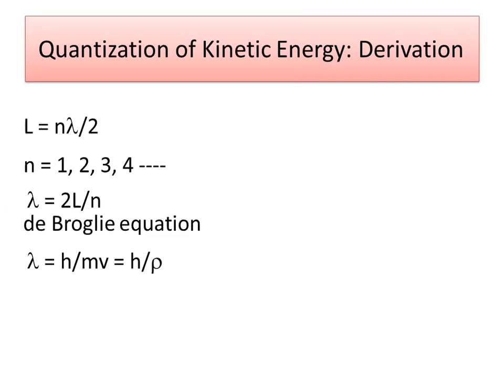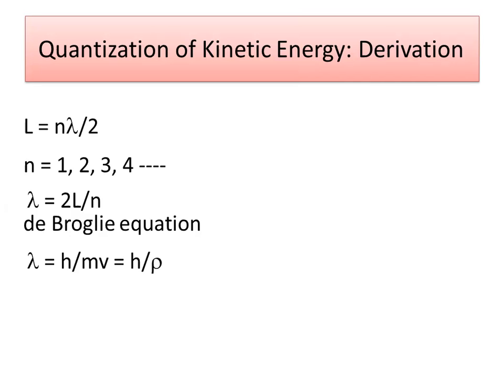Lambda is equal to h over mv. m is the mass, v is the velocity, or we call mass into velocity the momentum. Second equation, lambda equal to h over rho or h over mv, that is the same thing, ठीक है। Now why have I used the de Broglie equation? To put the value of the lambda, because the first one lambda is 2L over n, second is lambda h over mv.